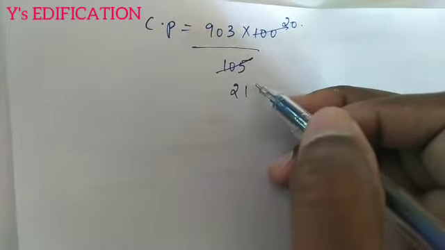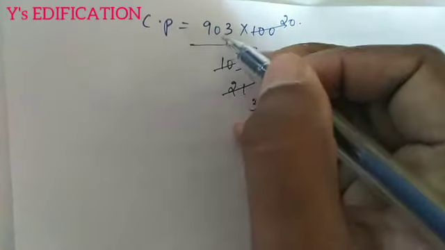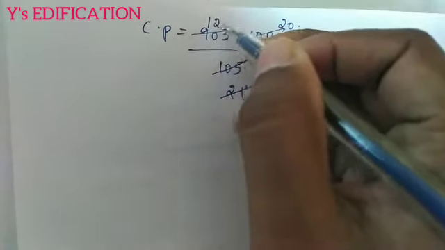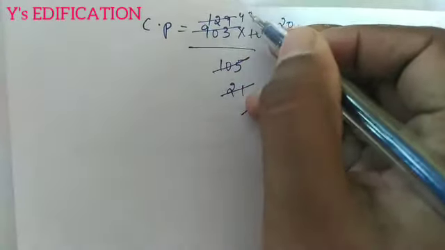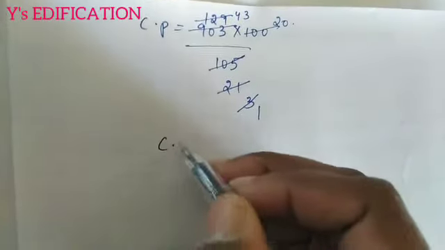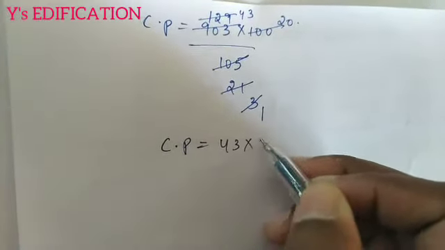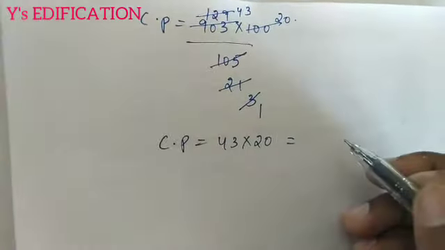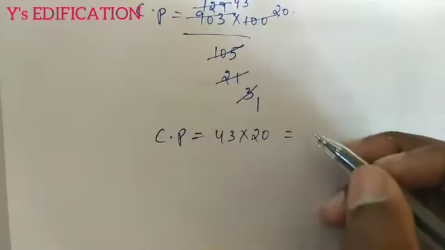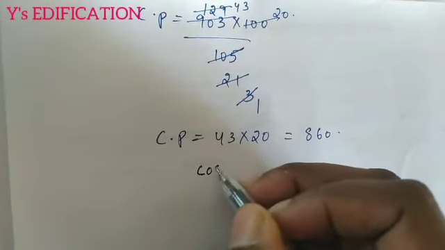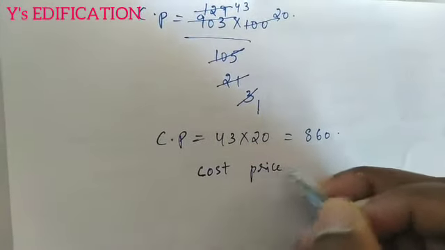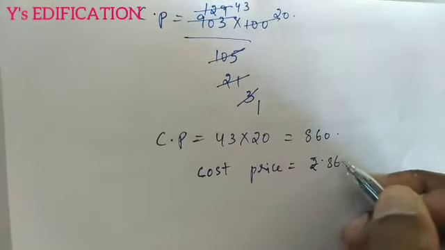Next, 7 into 3, 7 into 129. 3 into 1, 3 into 43. So CP is 43 into 20. So what is 43 into 20? 860. So the cost price of that radio is 860 rupees.